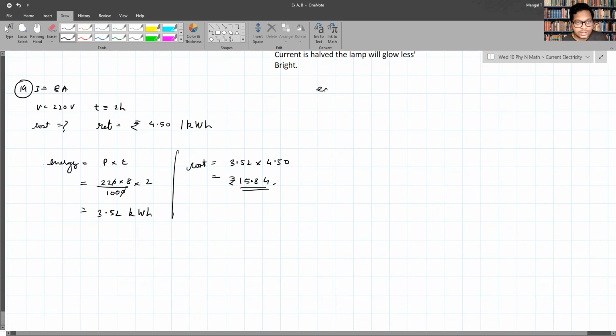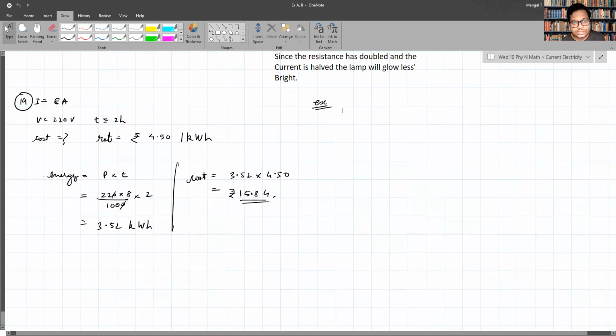Let me take you a very simple question. On page number 206, they have given us a table. It says that the fluorescent tube has a power wattage of 40 watts. So say for example, in your house or in a room, there are two tube lights, and they are operated for 8 hours per day.